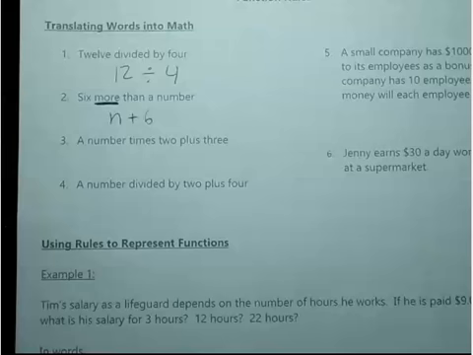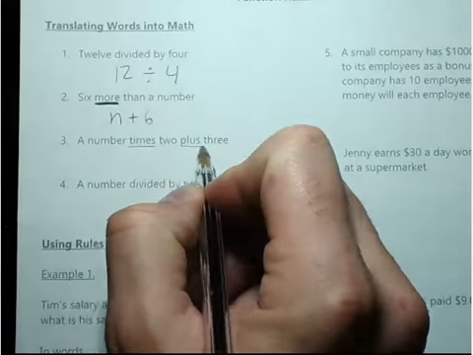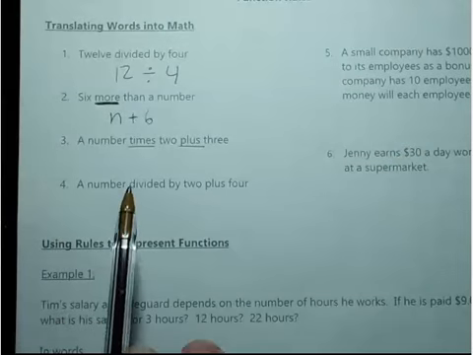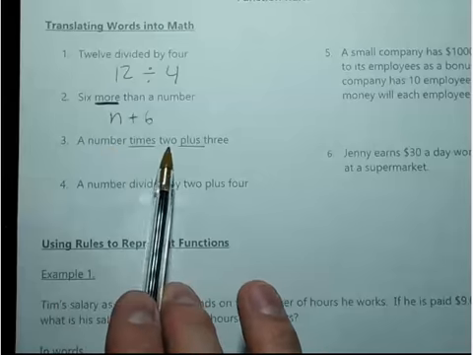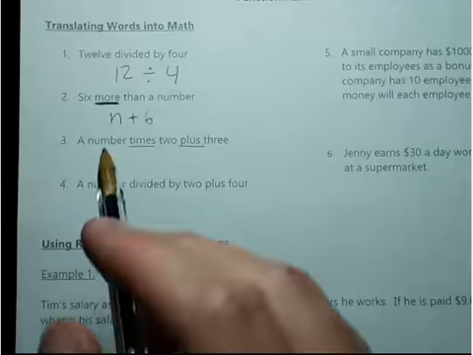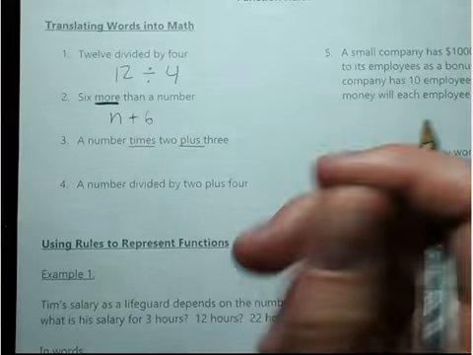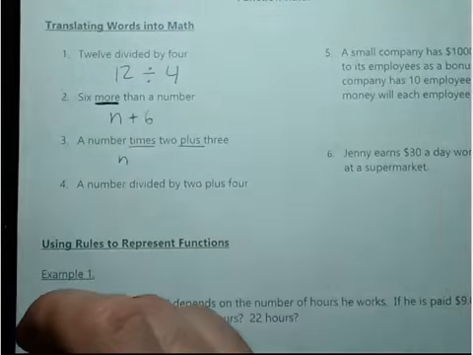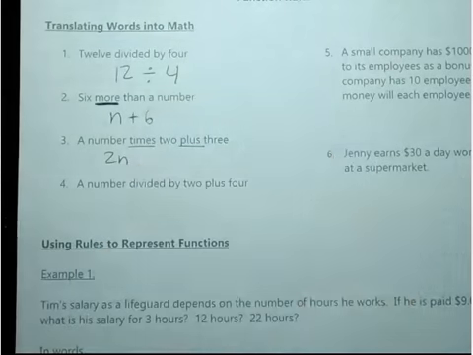Number 3, we have some number times 2 plus 3. So there's really 2 parts to this problem right here. We have some number times 2. So let's look at that first. Some number times 2. We don't know what the number is, so we're just going to call that n, and we're multiplying that number by 2.